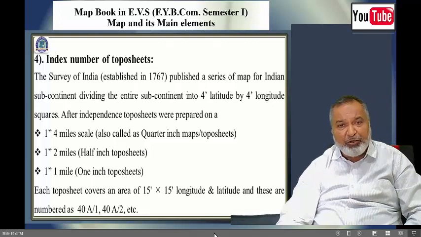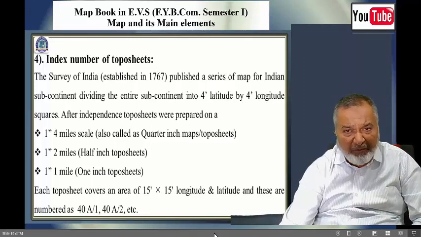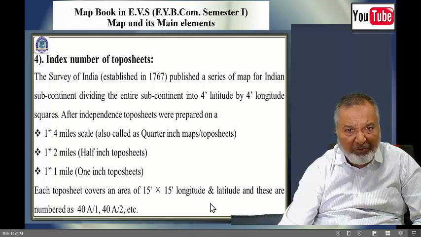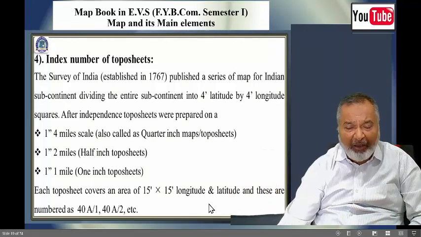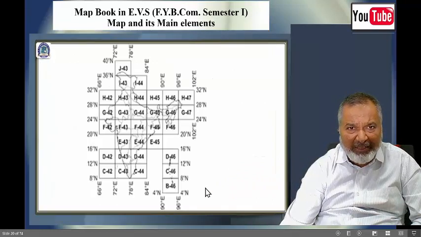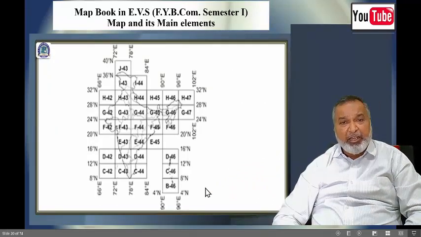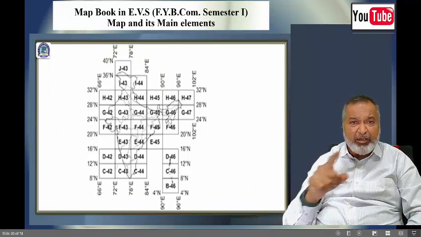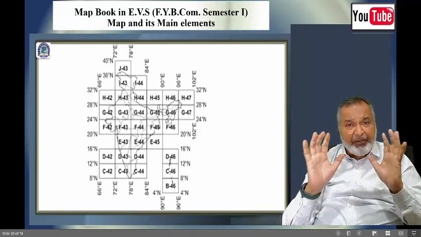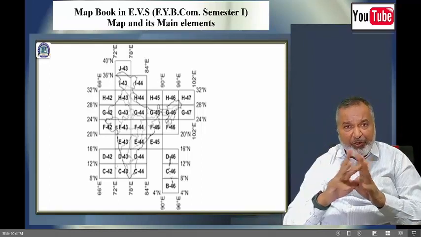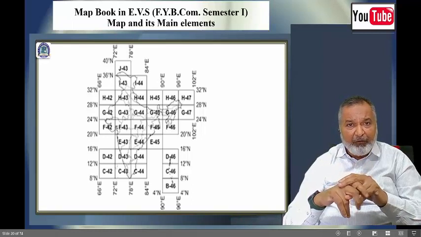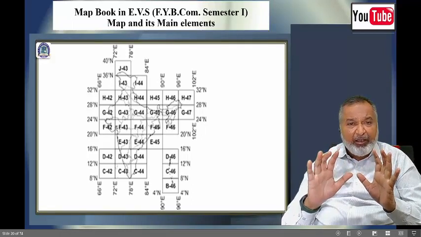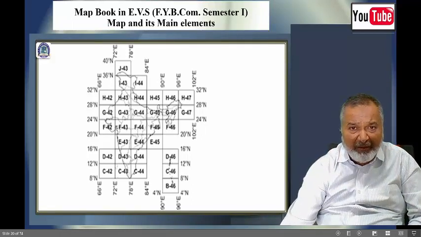In that, the Toposheet will cover 15 by 15. These are the numbers which will be given, like 48 by 2, 48 by 6. Now I can see the Toposheet numbers which are there. They are fixed, and are not going to change in any part of the world.